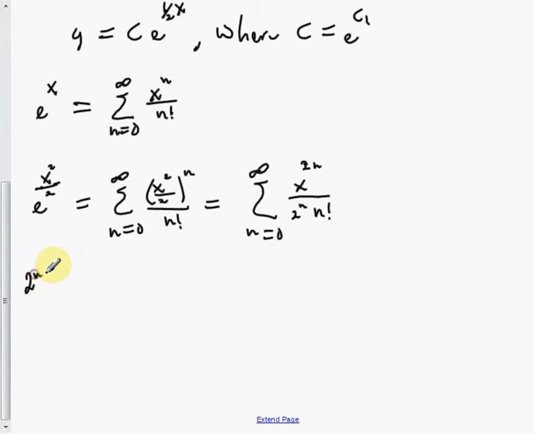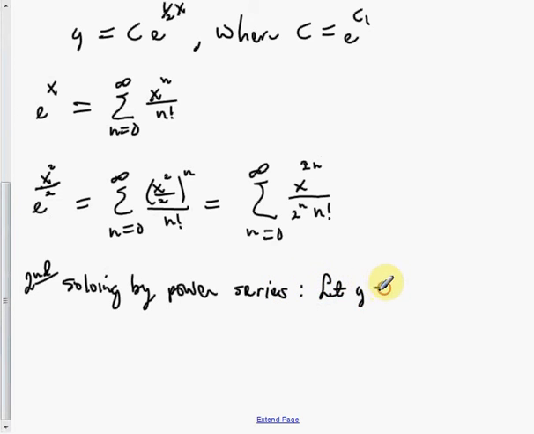So now, secondly, solving by power series, let y equal the summation as n goes from 0 to infinity of c sub n times x to the n.